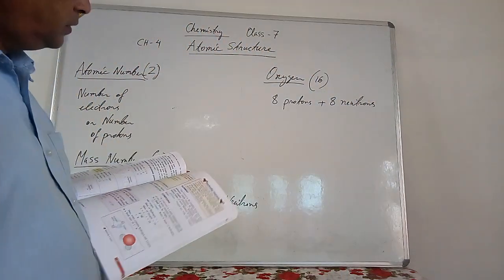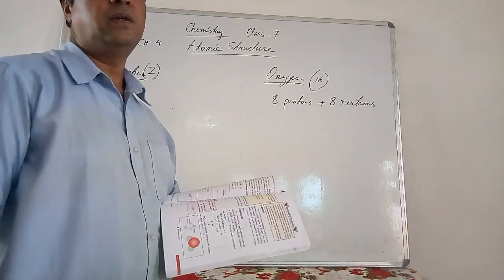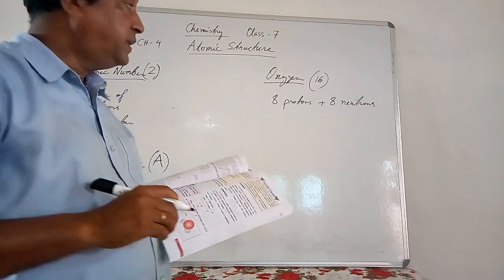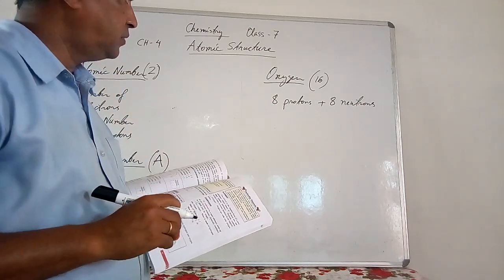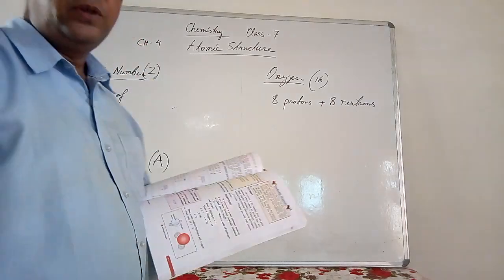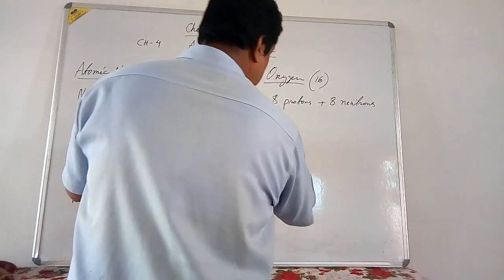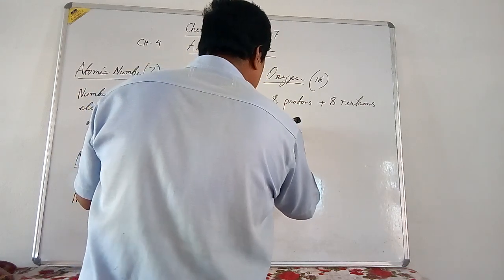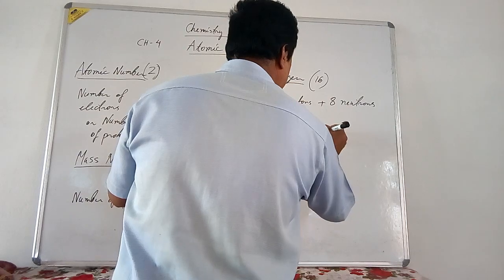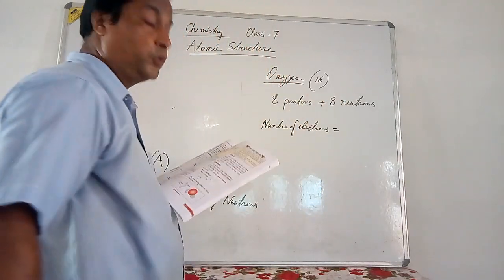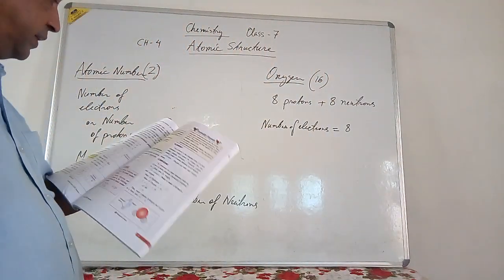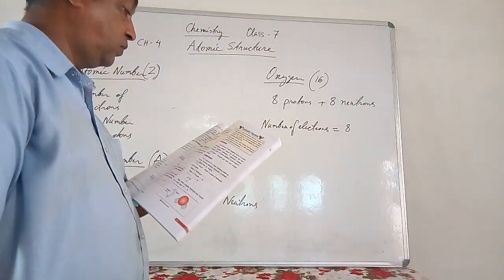Is it clear? So mass number of oxygen atom is 16. That means it has got 8 protons and 8 neutrons. Now from here you can find out the number of electrons. So how many electrons? Number of electrons will be equal to the number of protons, that is 8. So this way you can relate one with the other.